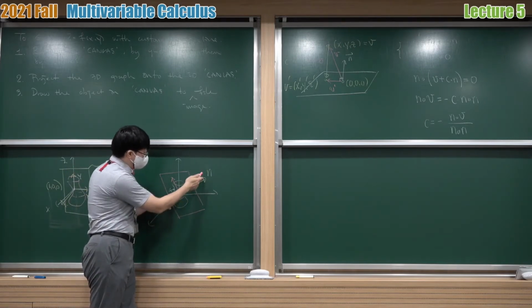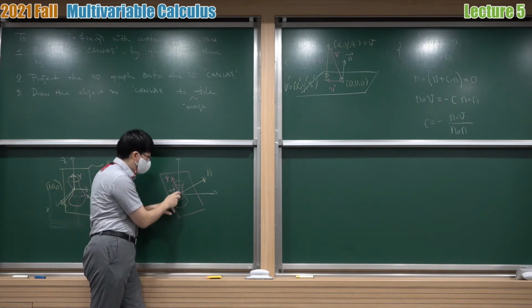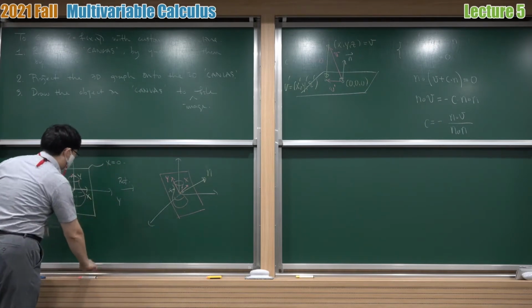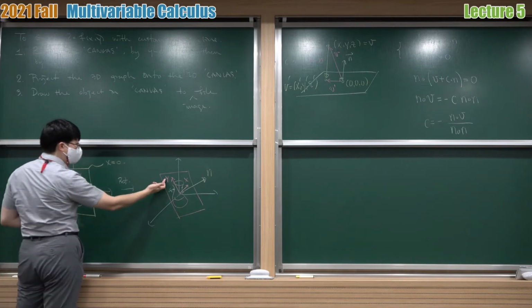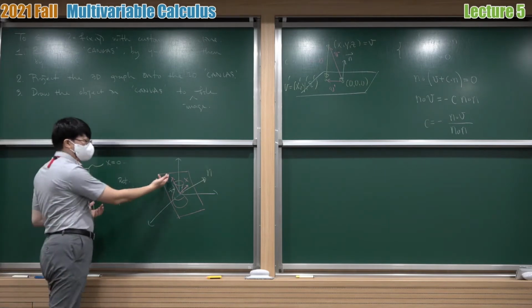So this is the normal vector, and there is the y-axis inside of this canvas, which is also rotated, and here is the x-axis. So think about where this y and x vector comes from, as if it's a 3D vector.